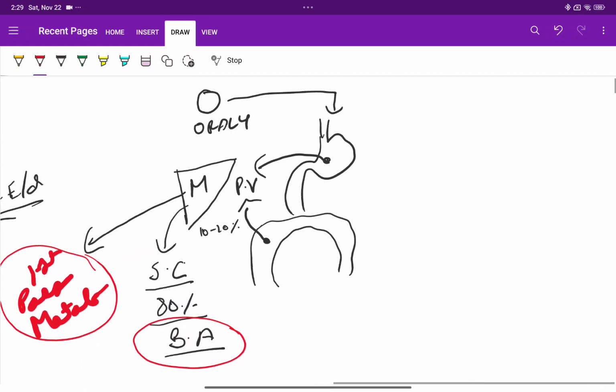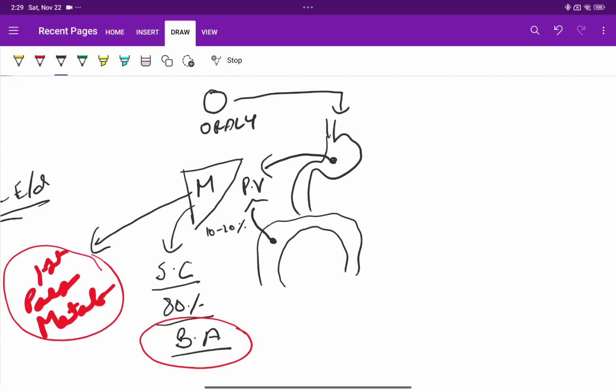Another example is when I give the drug in the injectable form. The drug directly enters the systemic circulation, bypasses the metabolism in the liver, and bypasses the first pass metabolism.